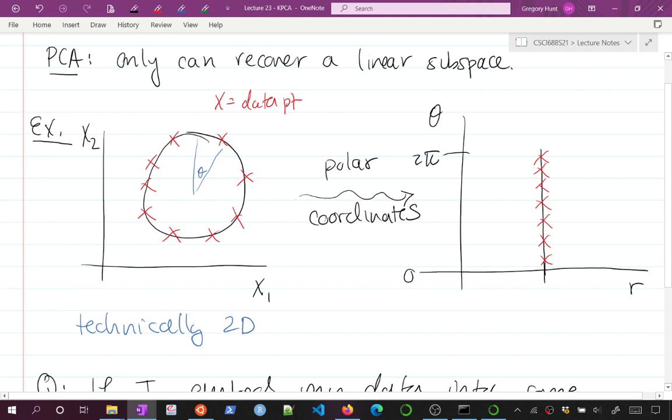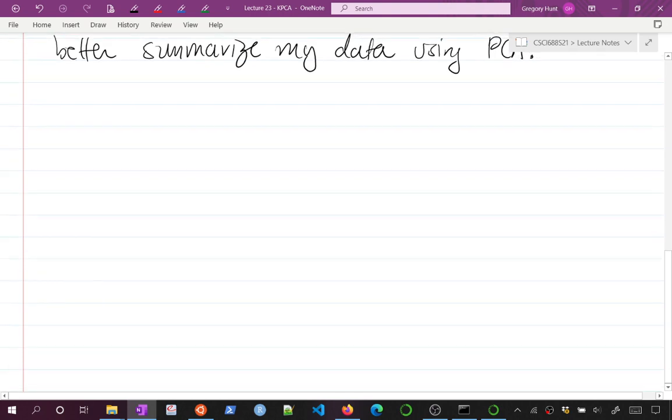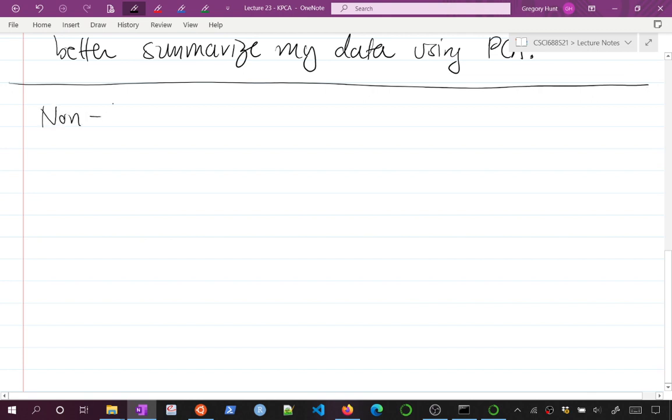That's a bit of a twist, but we'll see that it is true and very powerful. So the first basic technique that I want to talk about is called nonlinear PCA.